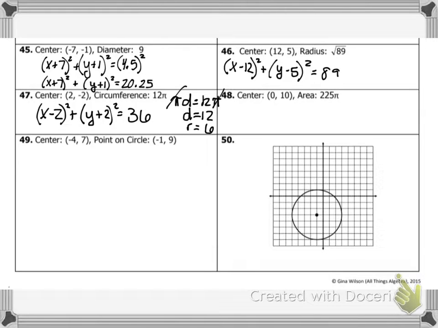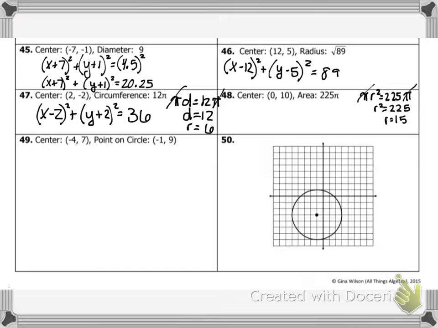The area, pi r squared, sounds like area to me. If I need a circumference, I just use pi d. R squared equals 225. If I remember correctly, the square root of 225 is 15. The radius is 15.